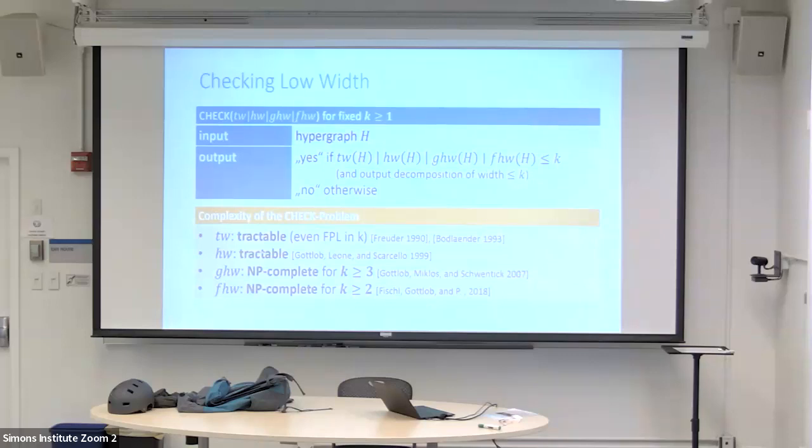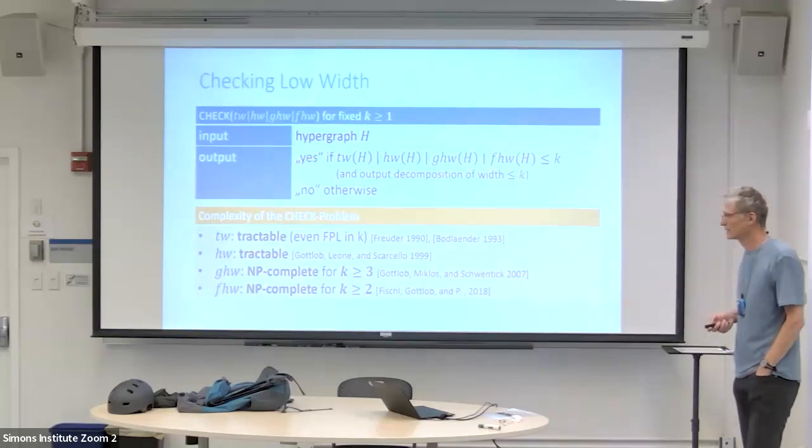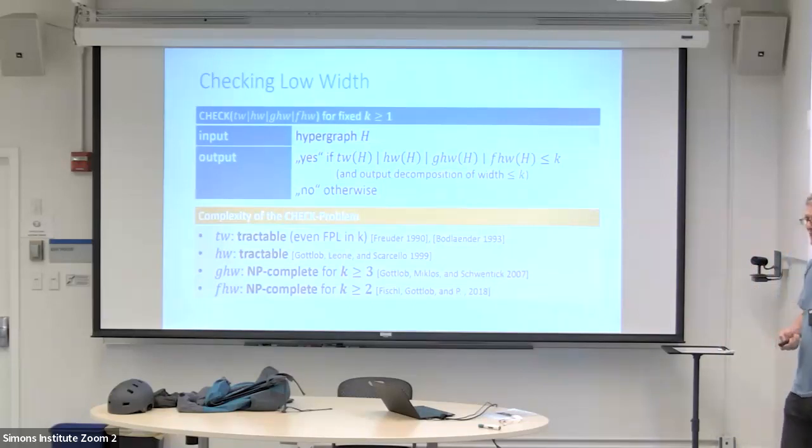For hypertree width, Gottlob, Leone, and Scarcello, in their original PODS paper where they presented hypertree decomposition and hypertree width, presented their notion of width and decompositions alongside a polynomial time algorithm for recognizing low hypertree width and for constructing a hypertree decomposition.